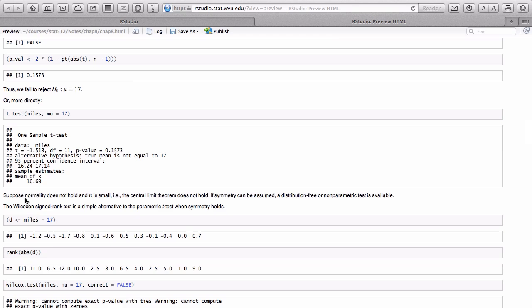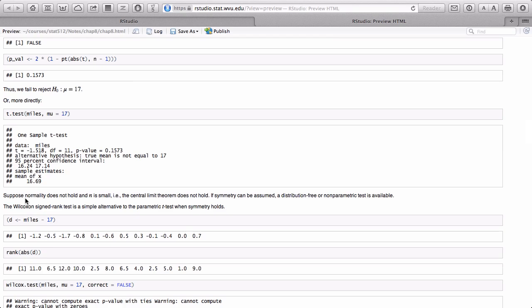So if my hypothesis is mu equals mu naught, where mu naught is a specified value, in this case it's 17, and you do that, you see that you get minus 1.518, like we computed above, degrees of freedom 11, and the p-value is 0.1573. So we did by hand everything that's directly done. How are you going to do it in the future? Well, you're probably going to do it this way, which is pretty simple.